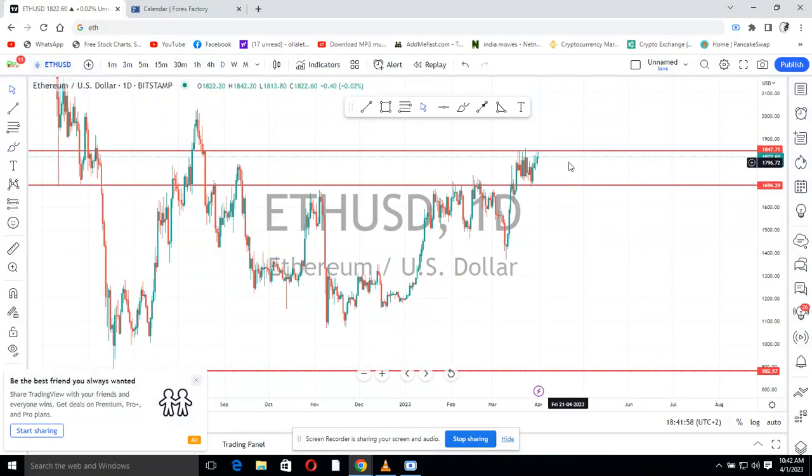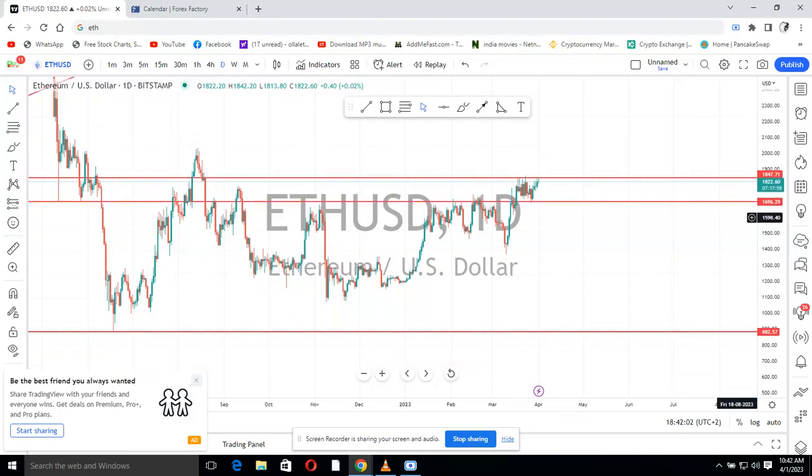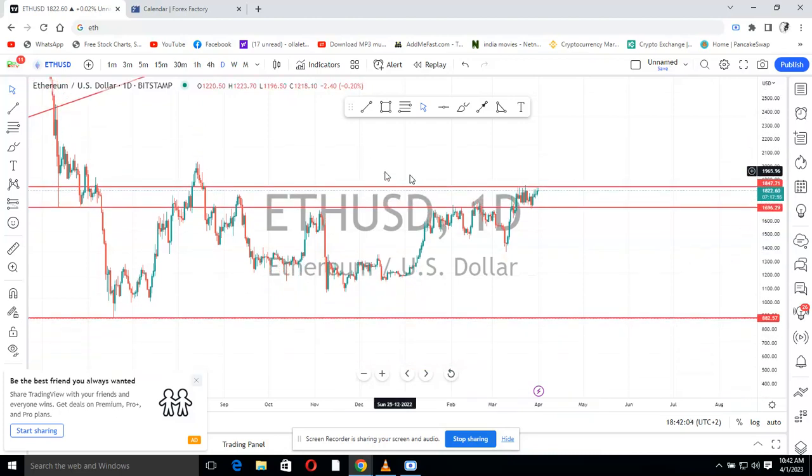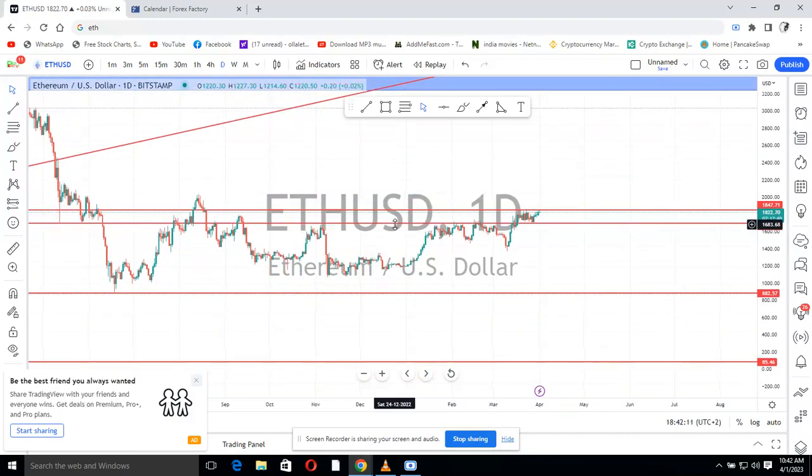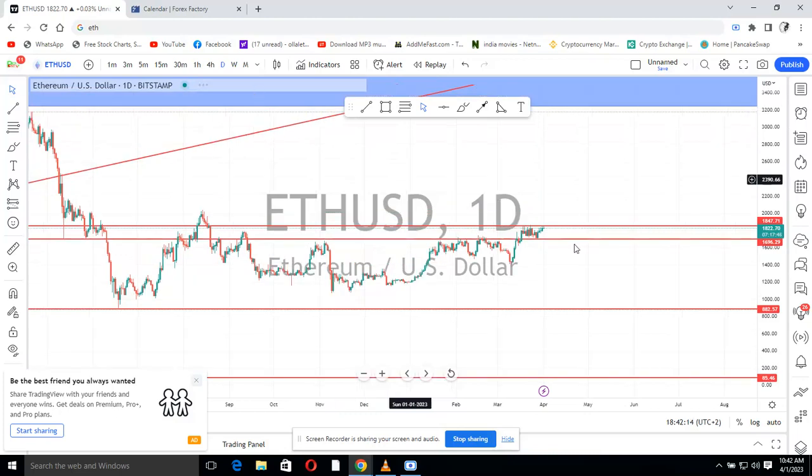Now you can see Ethereum is also giving us a sign of rejection here at 2000. So eventually we are still expecting Ethereum as well to come back to here. I have the setup already here, but eventually it's ranging.